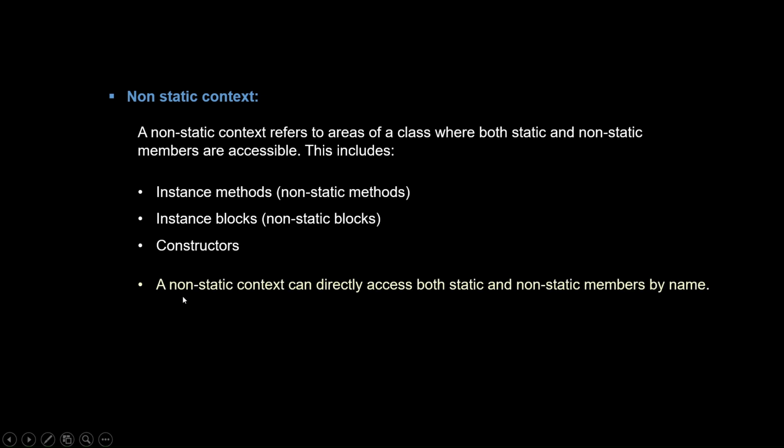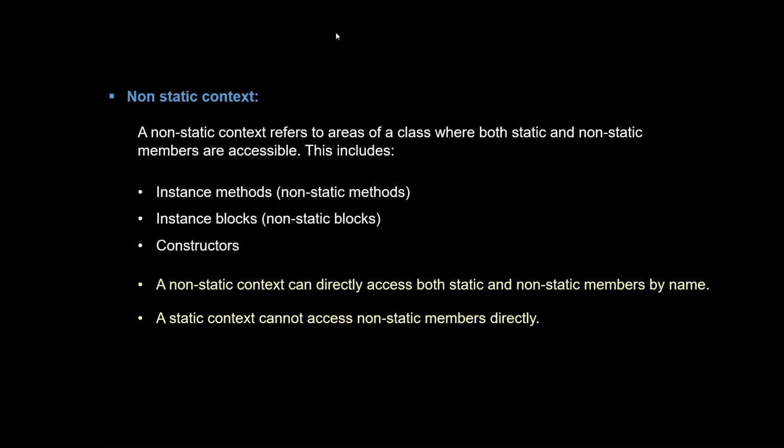The key point of the non-static context is that it can directly access both static and non-static members by name. You don't have to create an instance object. A static context cannot access non-static members directly. This is the difference between the static context and non-static context.